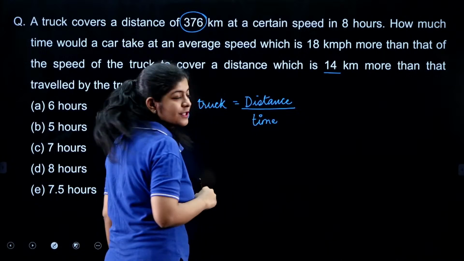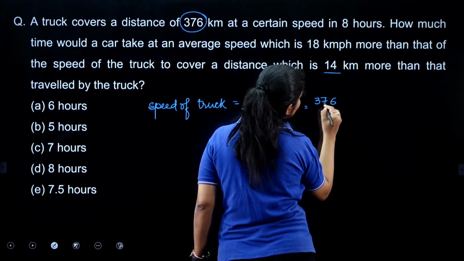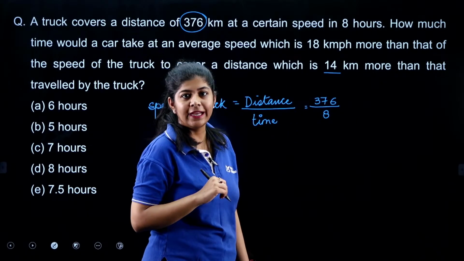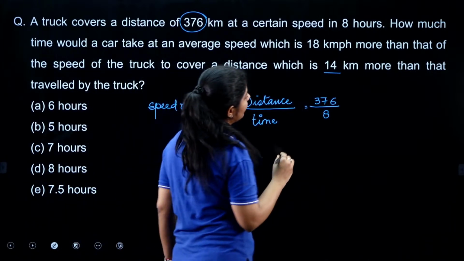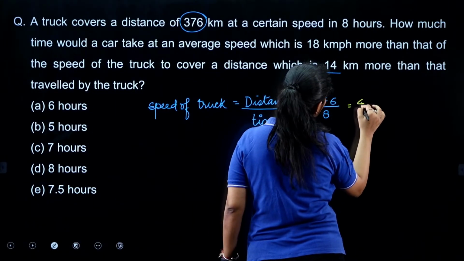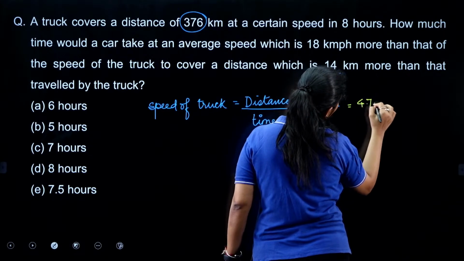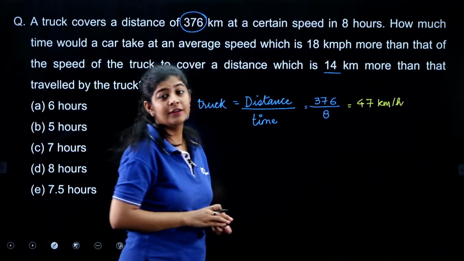The distance mentioned here is 376 kilometers, and this distance is covered in a time period of 8 hours. Now with the help of this we get our speed, which is 47 kilometers per hour, the speed of the truck.